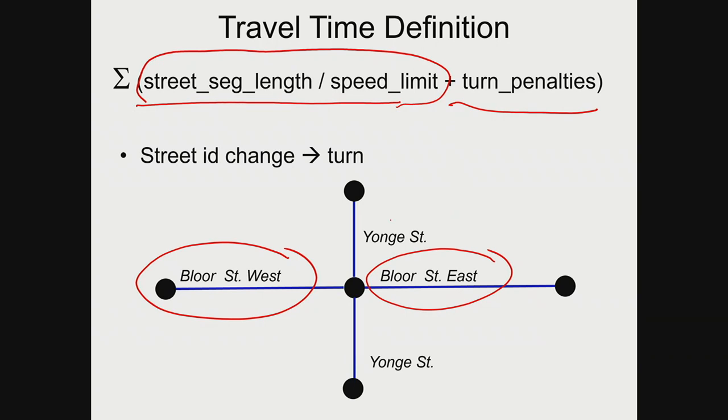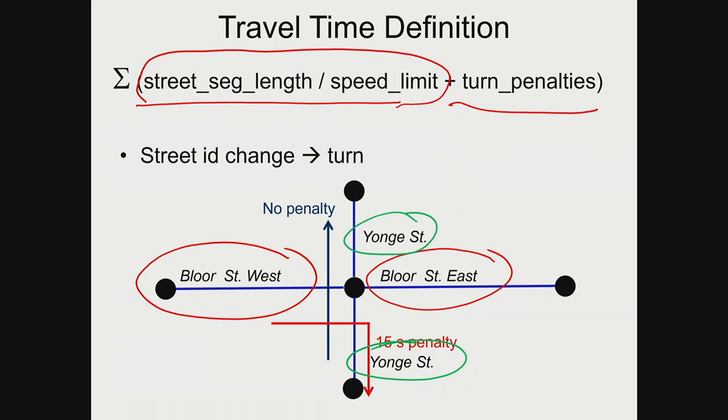And then Yonge Street, let me see if I can change my color here. Let's say Yonge Street, actually, that's one street. So these two street segments are both part of Yonge Street. If I go straight up Yonge Street, even though I've gone between two street segments, I didn't change streets, we therefore assume there's no traffic light, no turning, and there's no penalty.